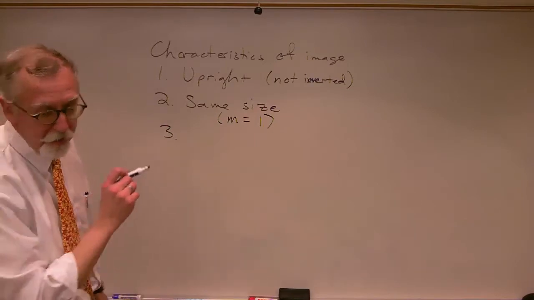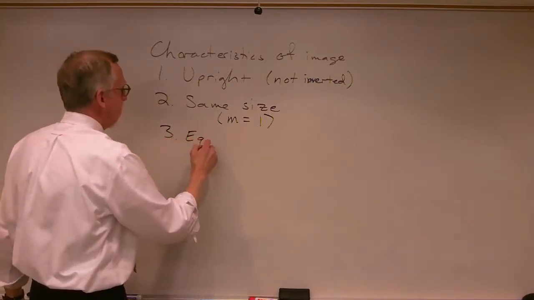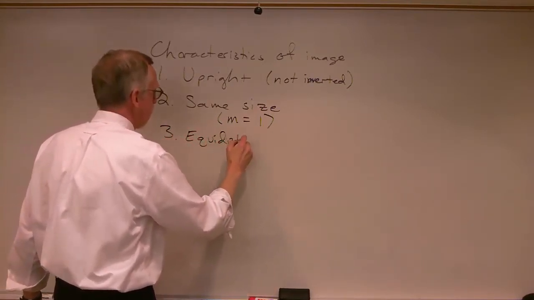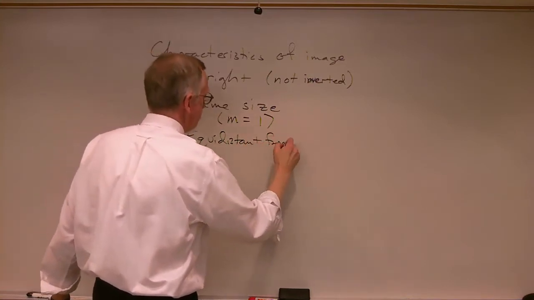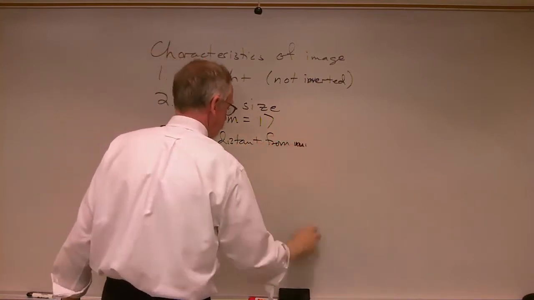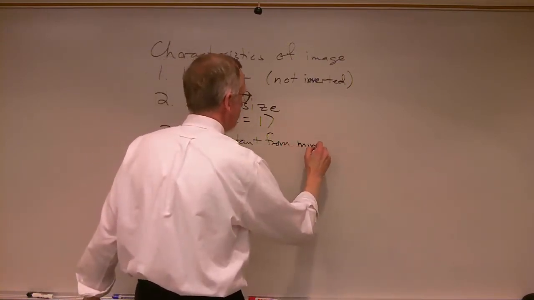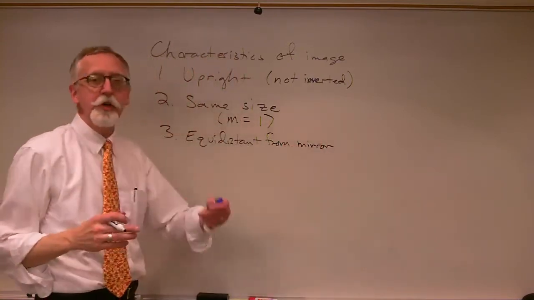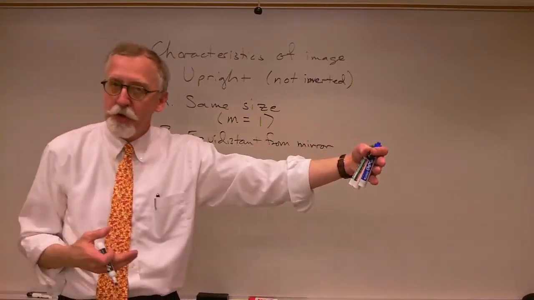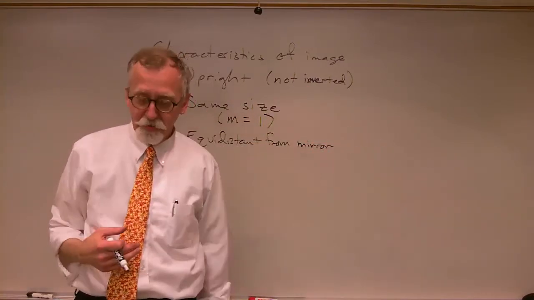Next, they are equidistant from the mirror. The image was the same distance behind the mirror as the object was in front of the mirror.